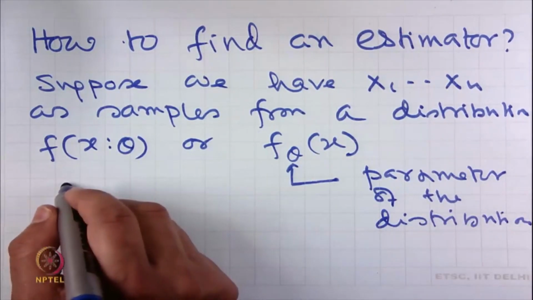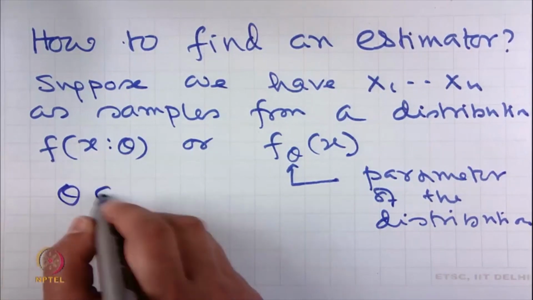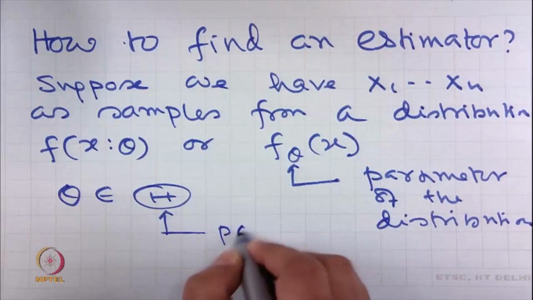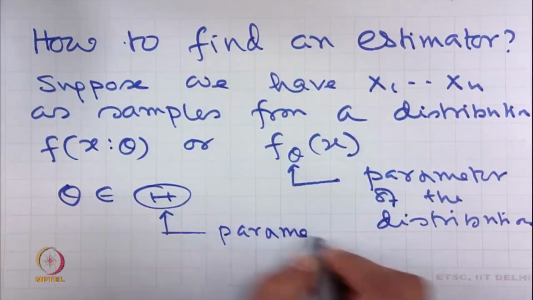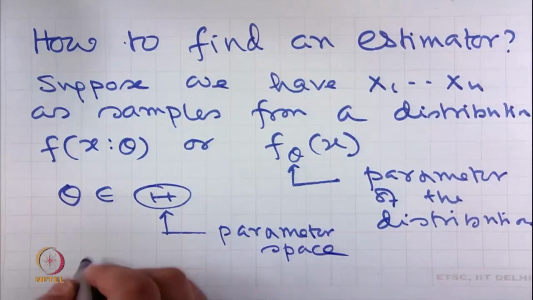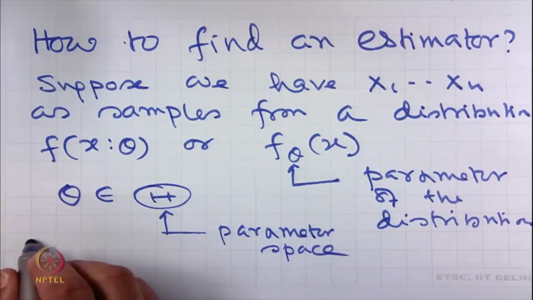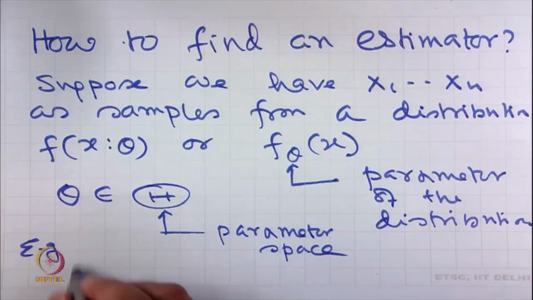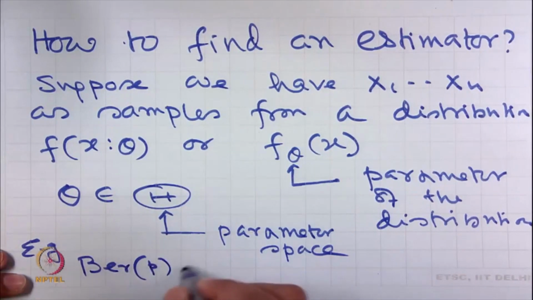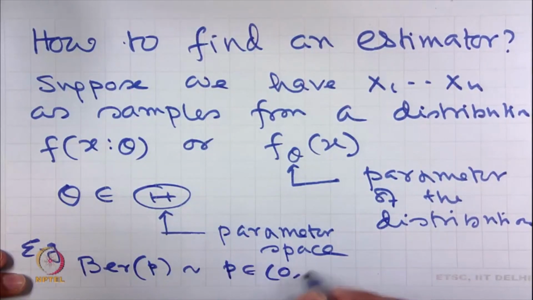And we know that theta belongs to capital Theta, the parameter space, for example, Bernoulli p, where p belongs to (0, 1).